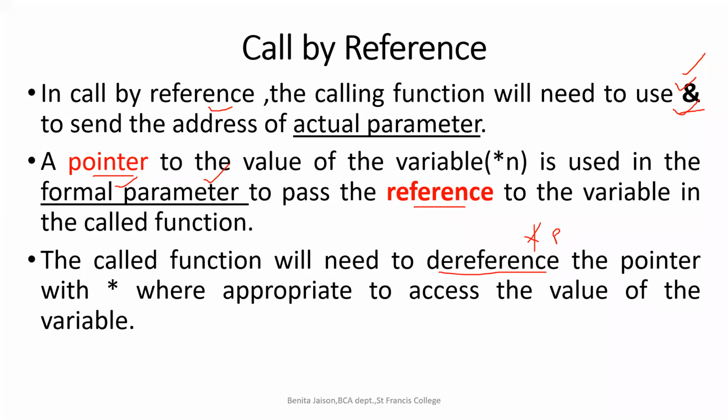Suppose PTR is a pointer variable which has the address of the actual argument. We will use a star before the PTR variable. Got it? You can use any variable name. You can use A also as a pointer variable, B also as a pointer variable, right? If we use the dereferencing operator before the pointer variable, we will be able to access the value. With that, we will be swapping the values.